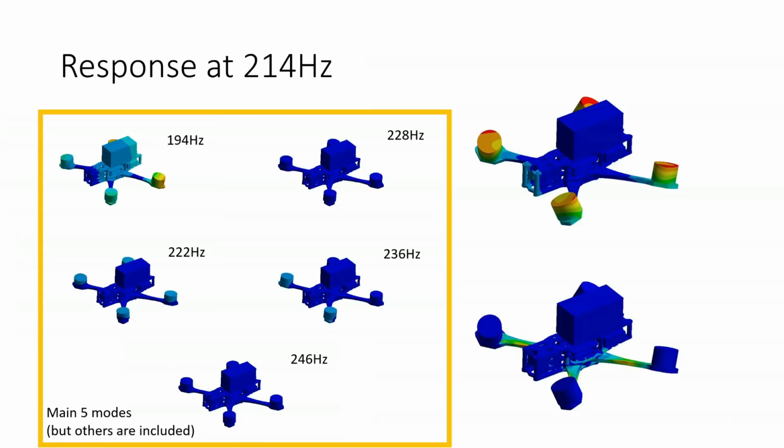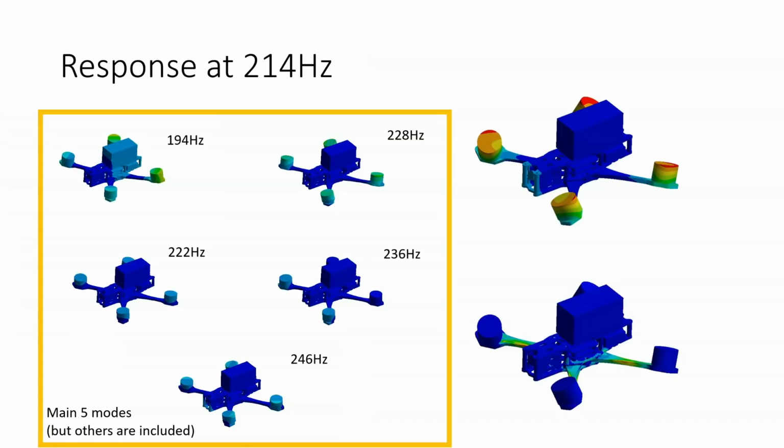And if we look at the other modes, 228, 236 and 246, we can see a similar thing, that all of these modes involve the motors twisting on the ends of the arms. And actually, this torsional flexibility of a traditional single arm is a cause of a lot of the resonance behavior of traditional quadcopter frames.